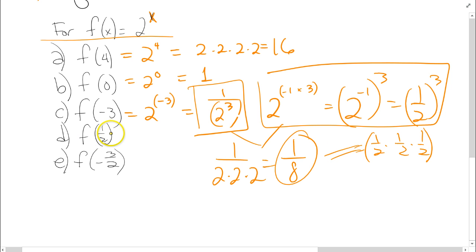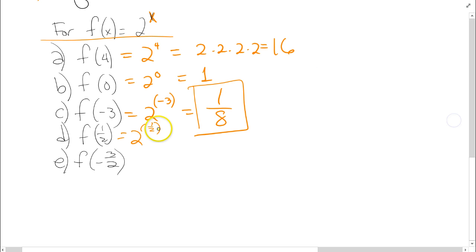So now, how about this one? f of 1/2 would be 2 is my base, and then my exponent is 1/2. Do you remember that fractional exponents are actually roots? 2 to the 1/2 can be written this way: the numerator becomes your exponent on that base, and the denominator is your root number.